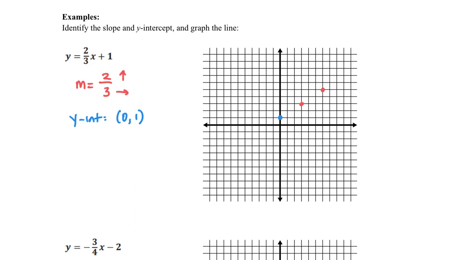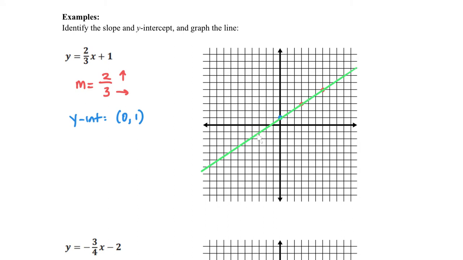I'm going to put another dot. Once I have 2 or 3 dots, it's time to get out the ruler. I'm lining up a ruler on the dots, and now I'm going to draw in the line. It just goes through the dots. We always use a ruler, and we always go from edge to edge. We don't stop our graph here and here.